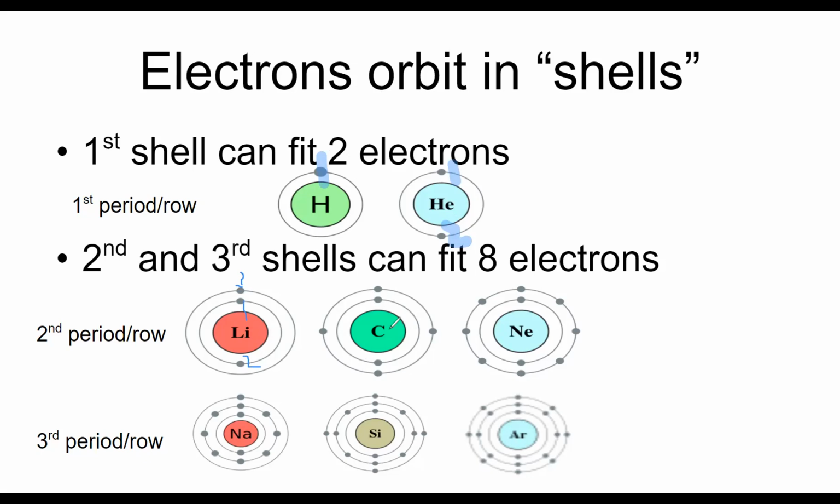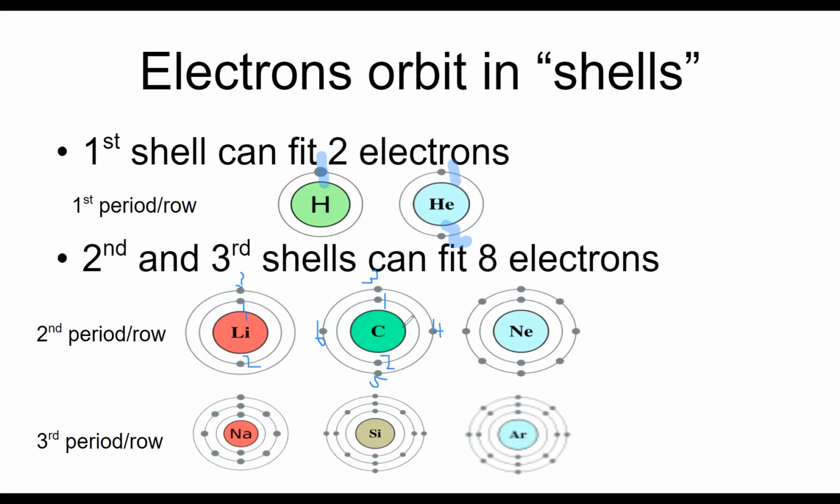And so we fill in that first shell. We take electron 1 and electron 2. But now that first shell is full, so we can start filling in our second shell. We put electron 3 on the second shell. We put electron 4 on the second shell. We put electron 5 on the second shell. And we put electron 6 on the second shell.